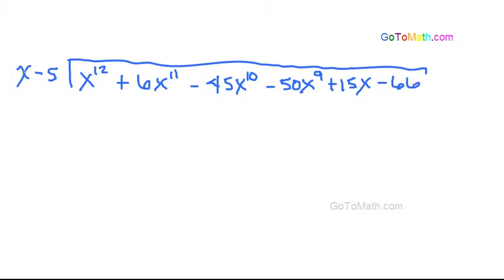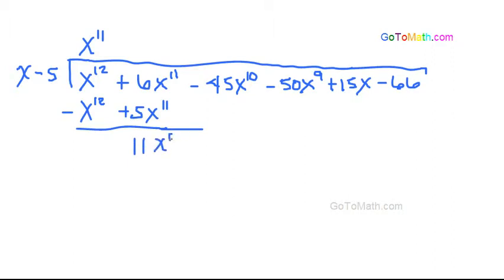Okay, so x goes into x to the 12th. We're going to have x to the 11th. X to the 11th times x is x to the 12th. And x to the 11th times 5, of course that's going to be minus 5x to the 11th. Alright, then we go minus, that'll make that a plus, and that becomes 11x to the 11th.